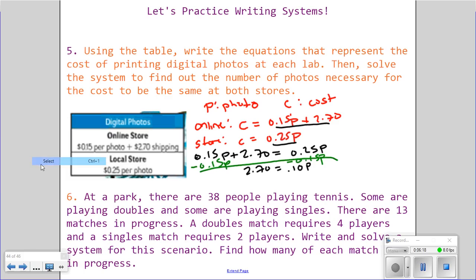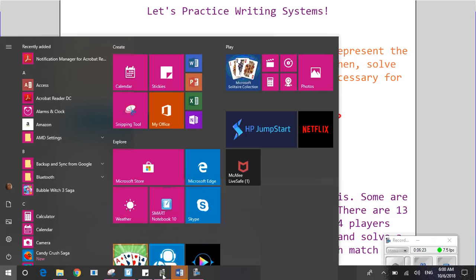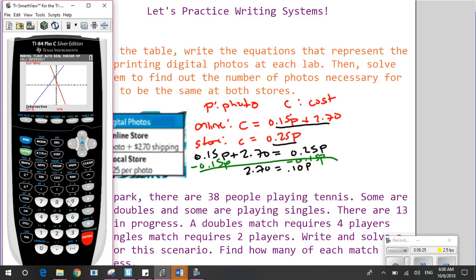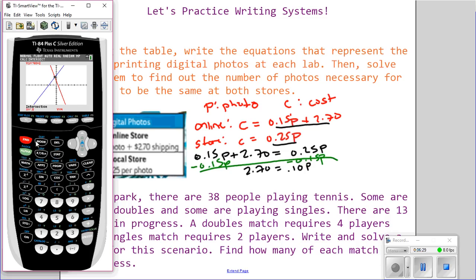So let's grab our handy dandy calculator. All right, so 270 divided by 10 is equal to 27.